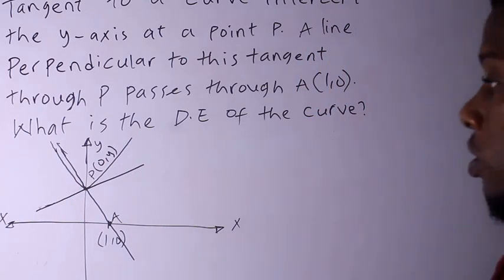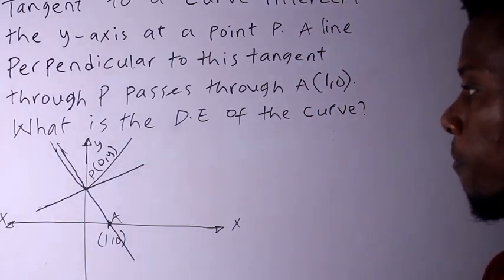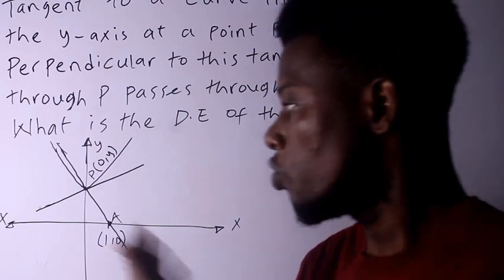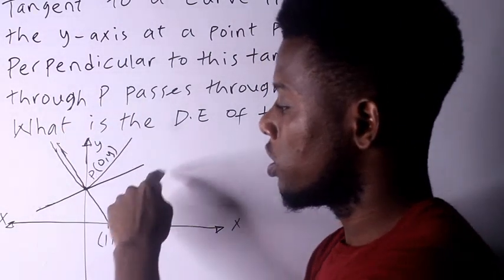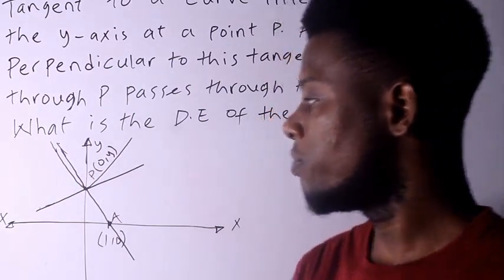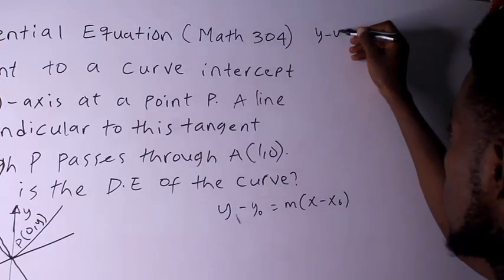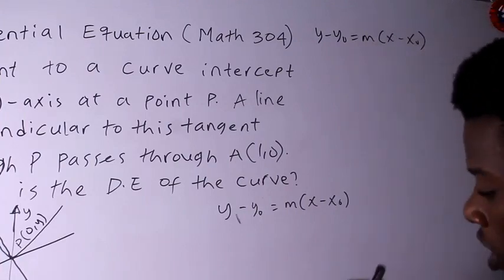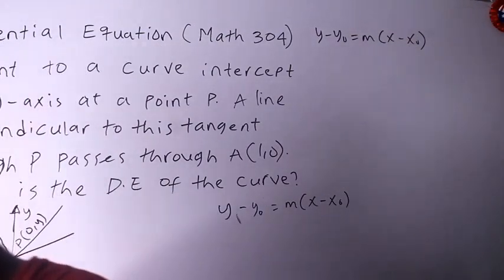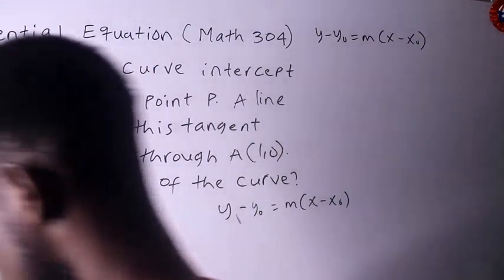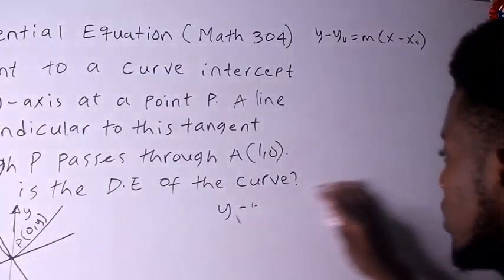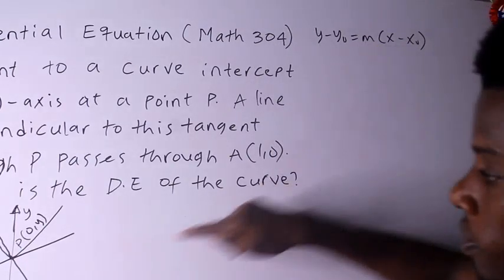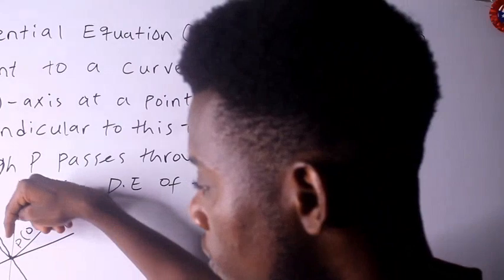Great. So to find the differential equation of this curve, we must firstly begin with the equation of a line, y minus y naught is equal to m times (x minus x naught). Now, once we have that, we realize that this m is the slope of the tangent line to this curve.